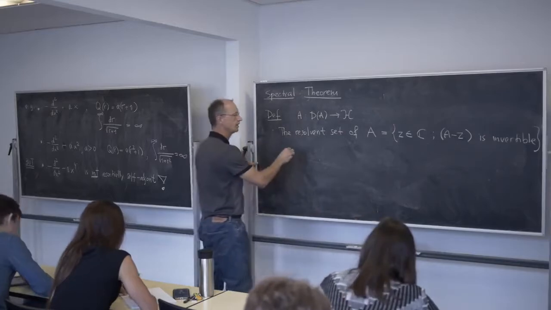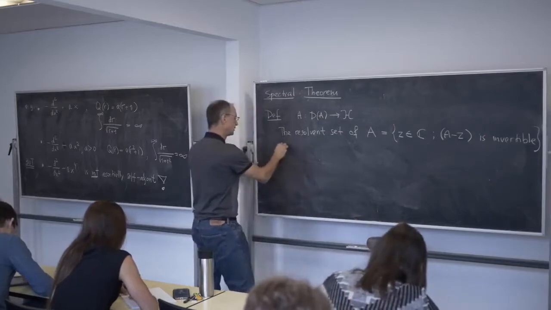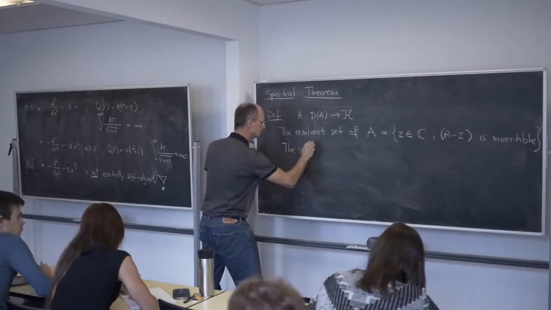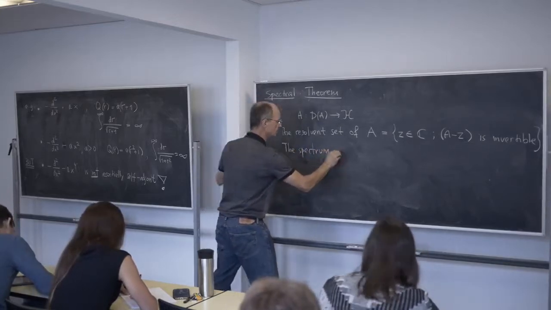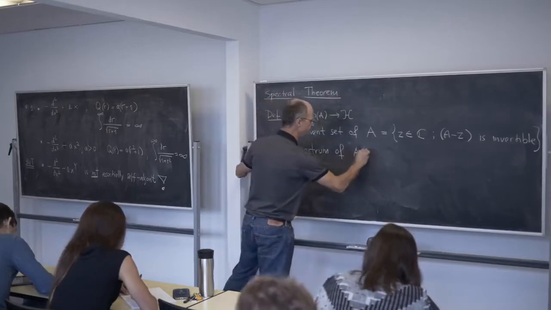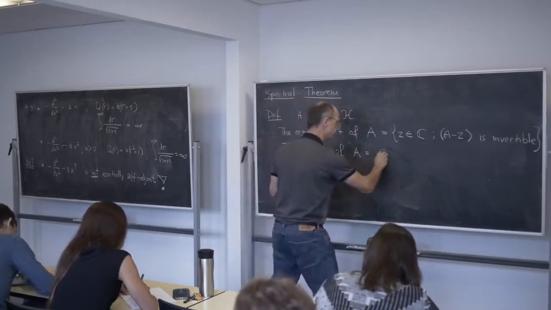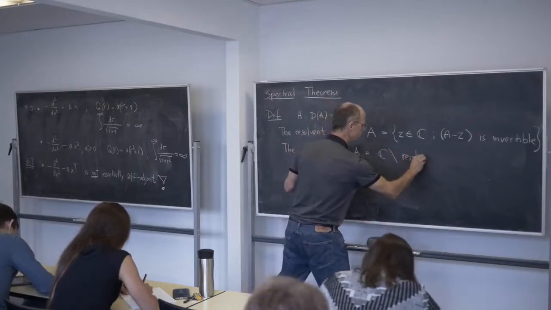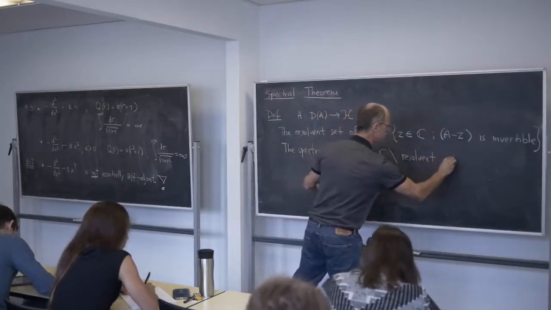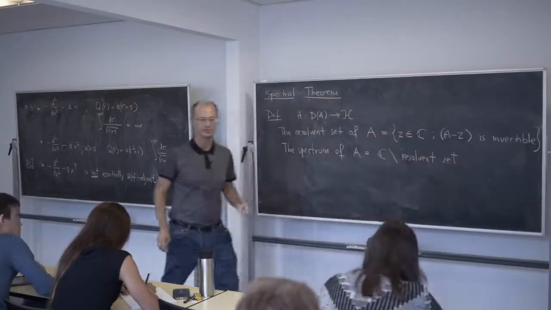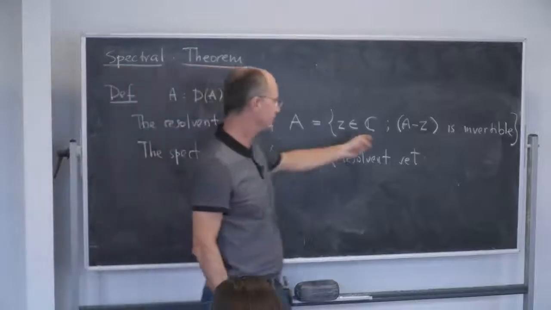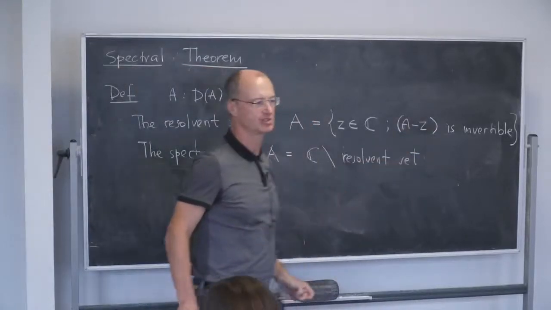Then the spectrum of A is the complement of the resolvent set. So these are all the z's for which A minus z is not invertible.